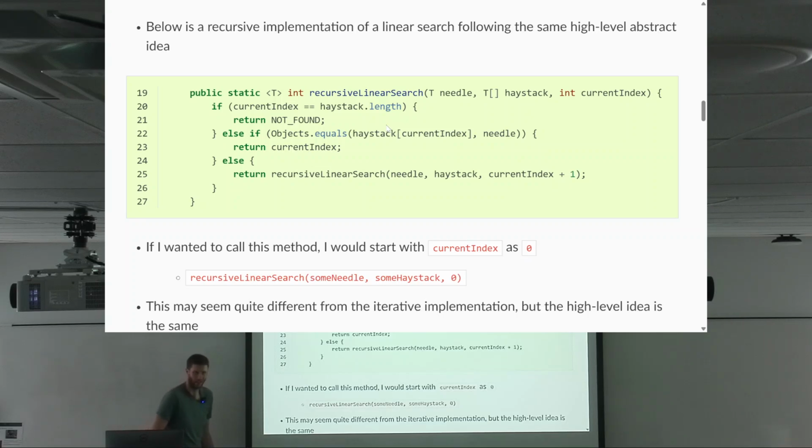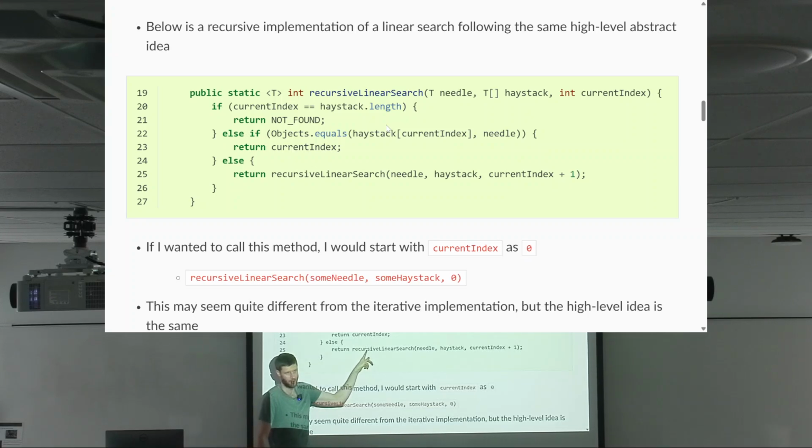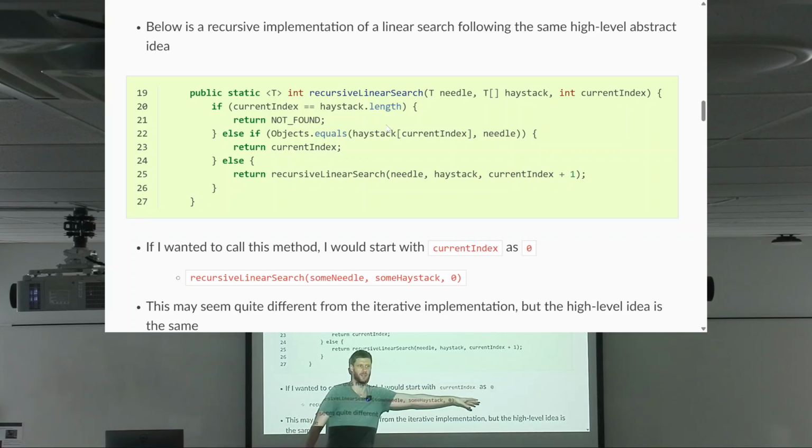It's still linear, right? If the length is 10, every time this gets called, assuming I start at 0, it'll get called for 0, 1, 2, 3, 4, 5, 6, 7, 8, 9, and I guess 10. Every time it's called, it can at most make one more call. So there'll always be a nice linear chain of calls. It's still going to be linear.